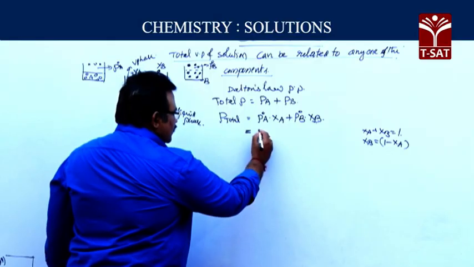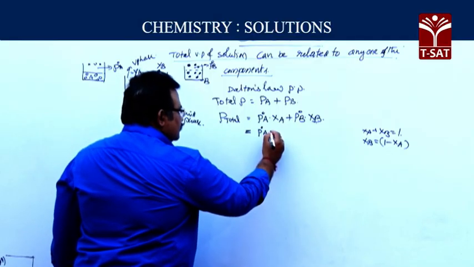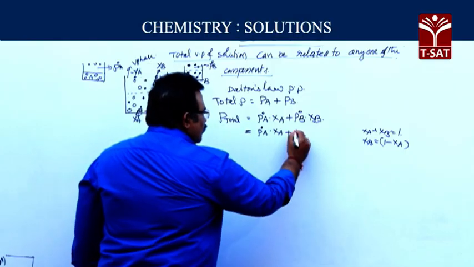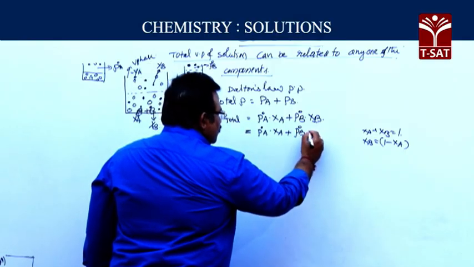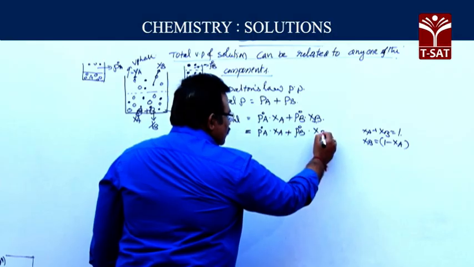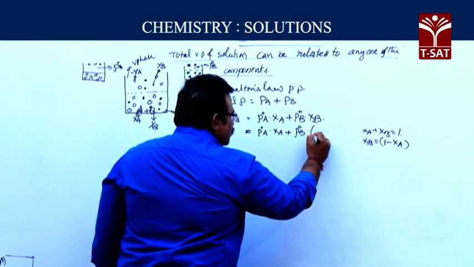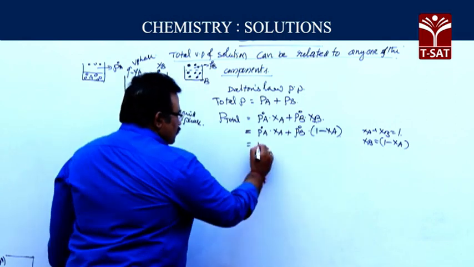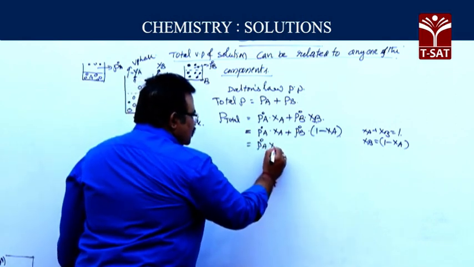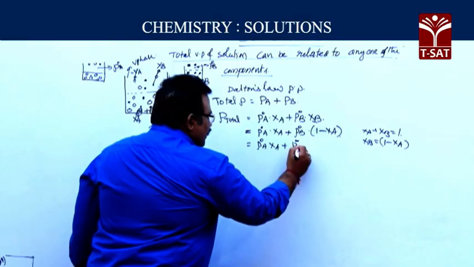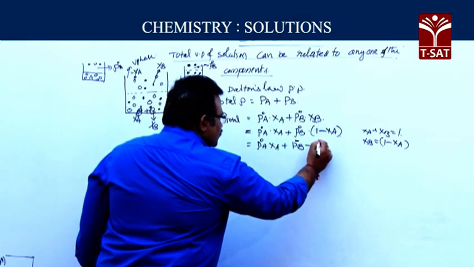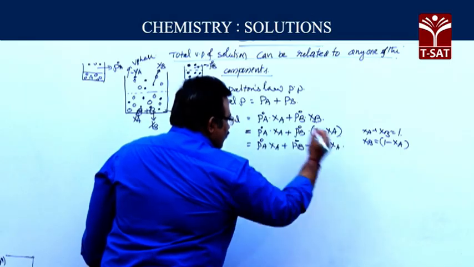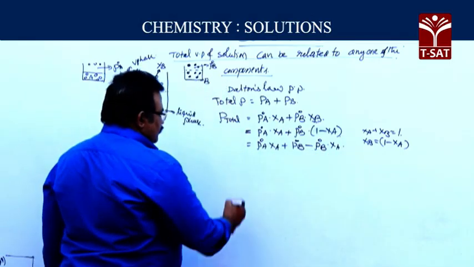Now, P0A into XA plus P0B into, instead of XB, write 1 minus XA. So, P0A XA plus P0B minus P0B into XA.